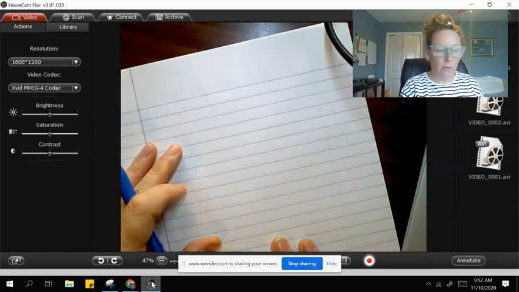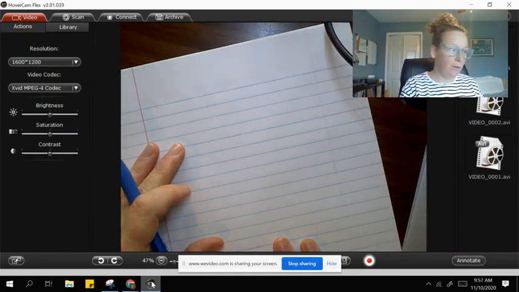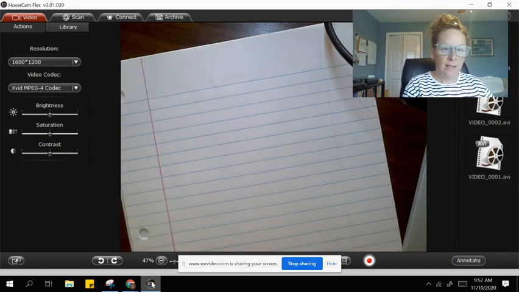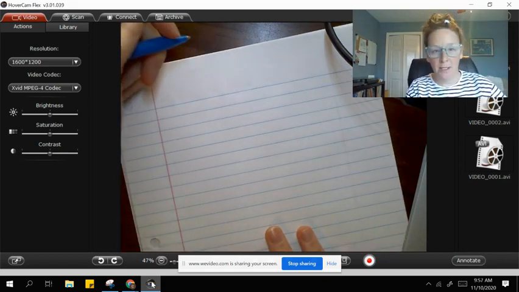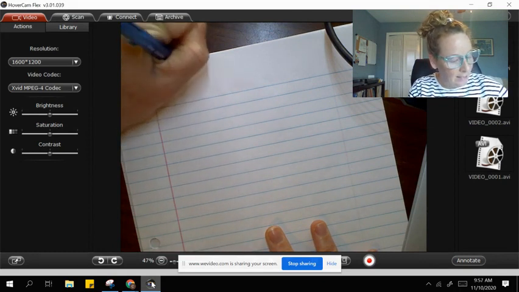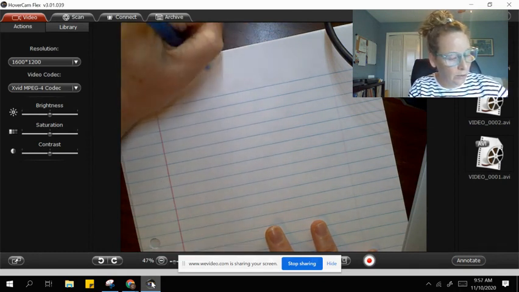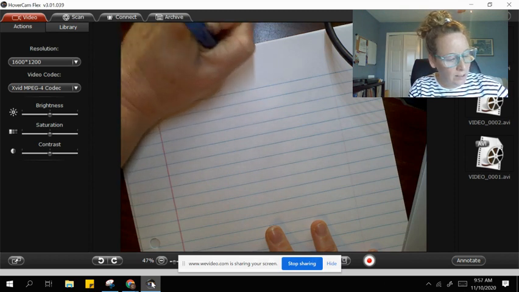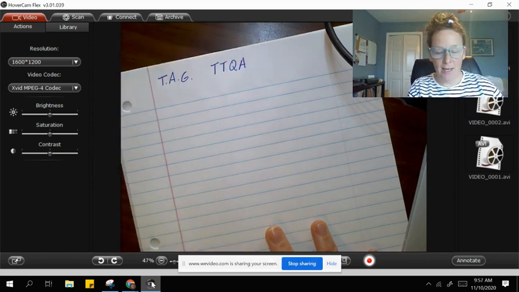So we're going to start to put our paper together. The very first thing that we want to have is a thesis statement. In our thesis, remember, we need to make sure that we tag it and that we turn the question around as well as answer it.